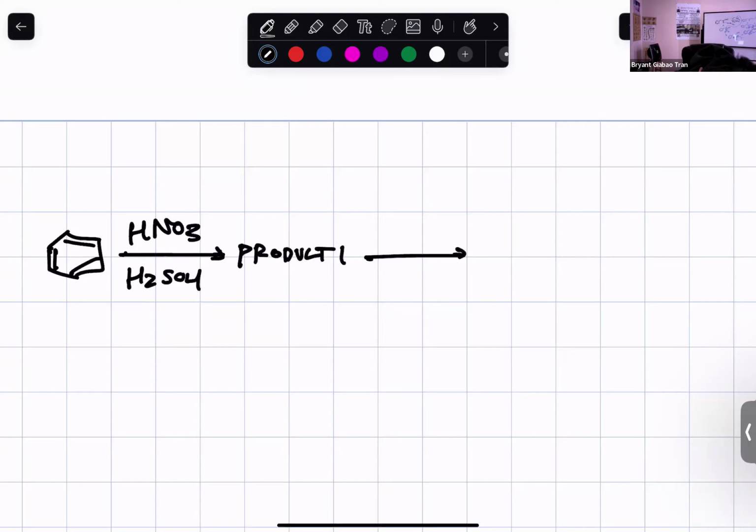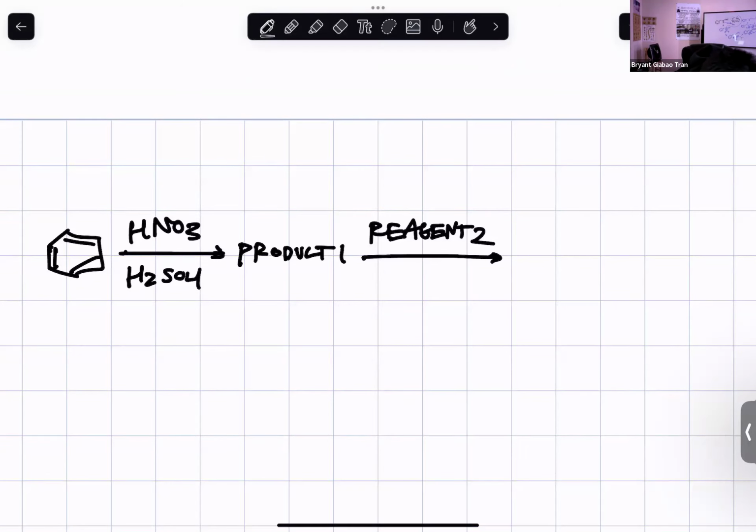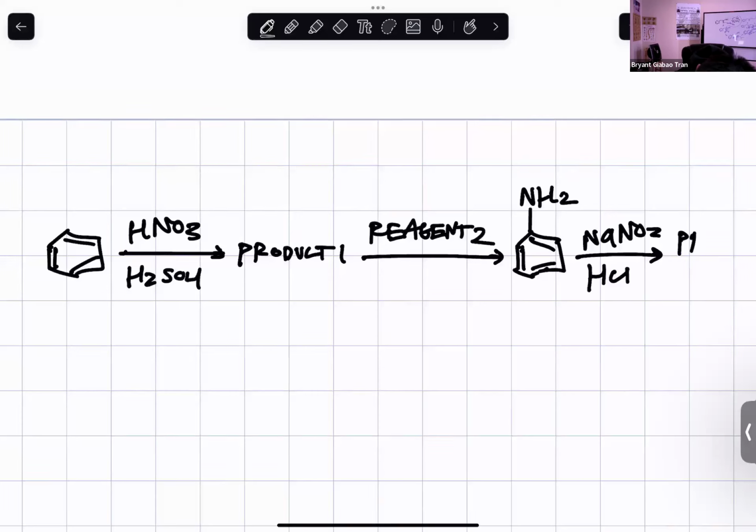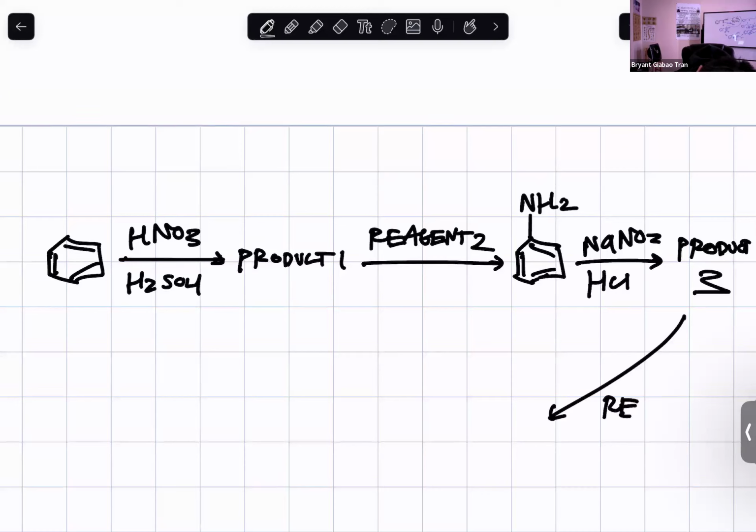And then we have to put reagent two to give us this aniline. And then when we react that aniline with NaNO2, HCl, that would give us product three. And then when we put that through reagent four, that would give us this chlorobenzene here.